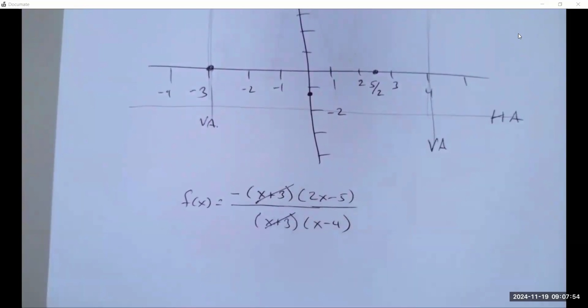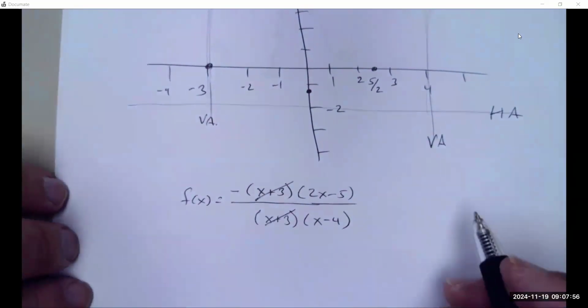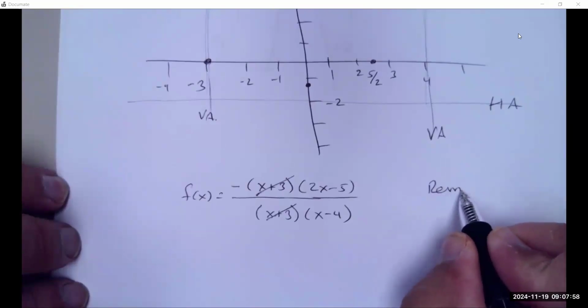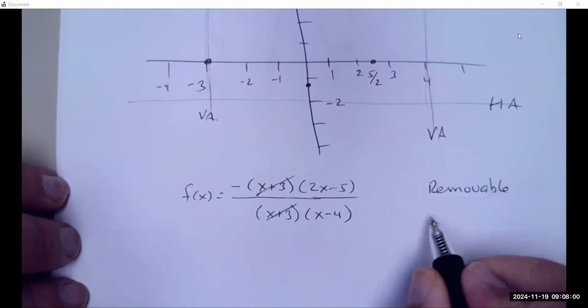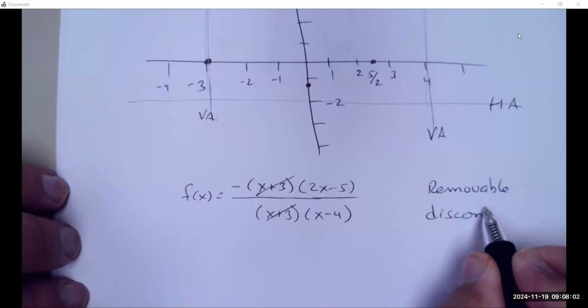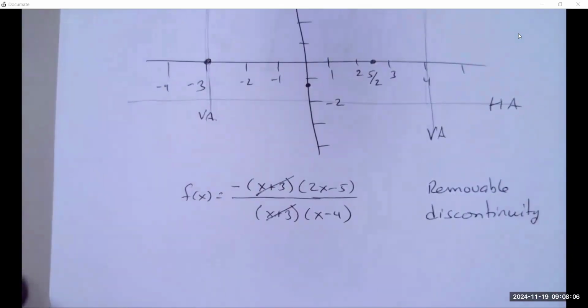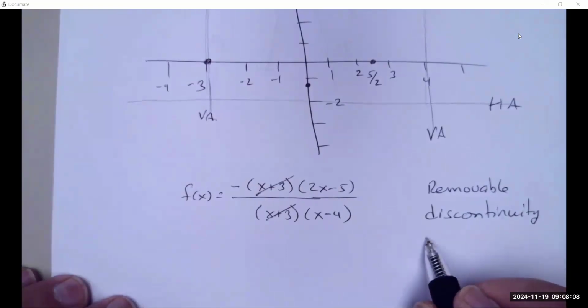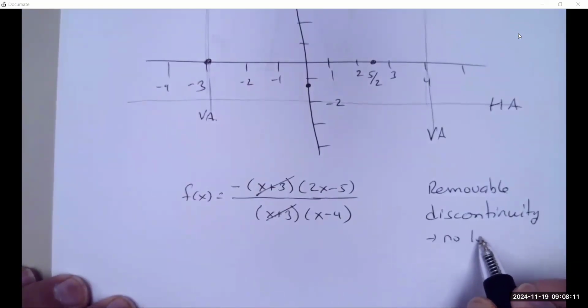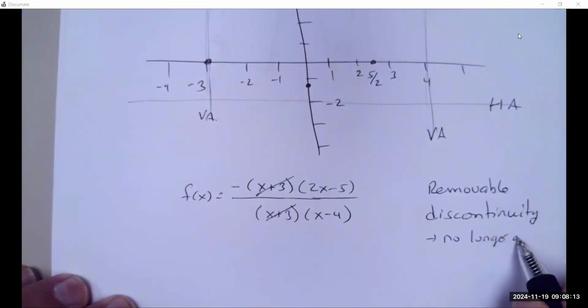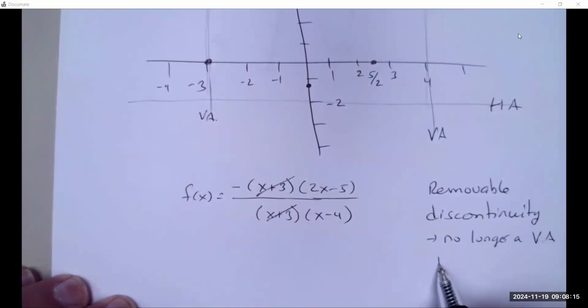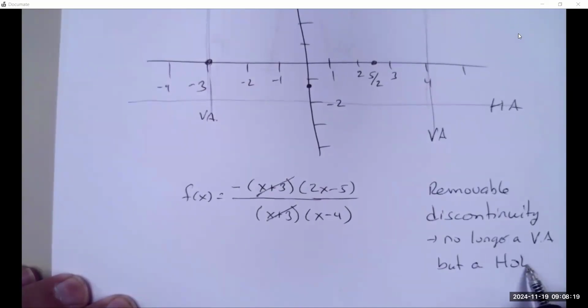Because these cancel, that's what we call a removable discontinuity. In other words, it's no longer a vertical asymptote, but it is now a hole.